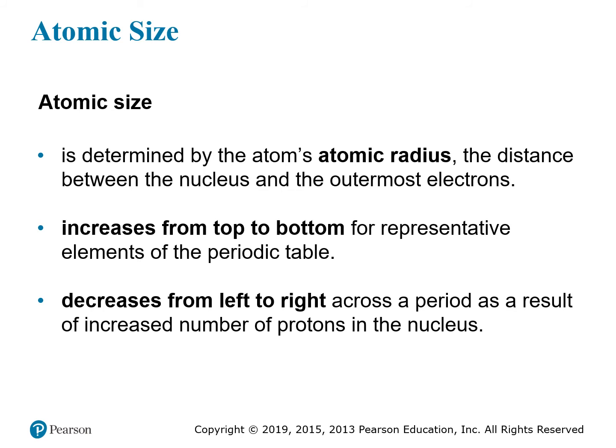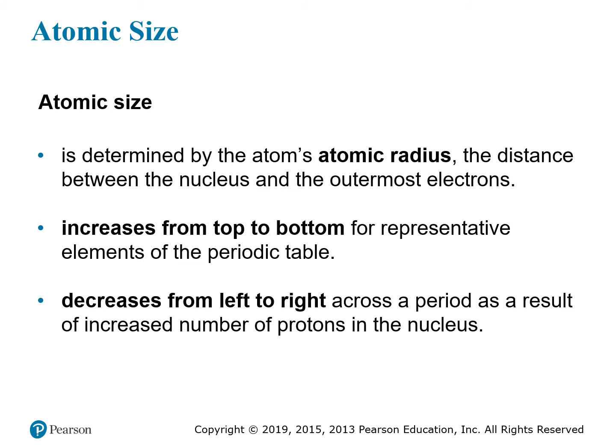The reason for that is as you go down a group, you're moving to higher periods or higher energy levels. In the first period, the outermost electron is in the n equals 1 energy level. In the second period, the highest energy electron is in the n equals 2 energy level. In the third period, it's in the n equals 3 energy level. In the fourth period, it's in the n equals 4 energy level.